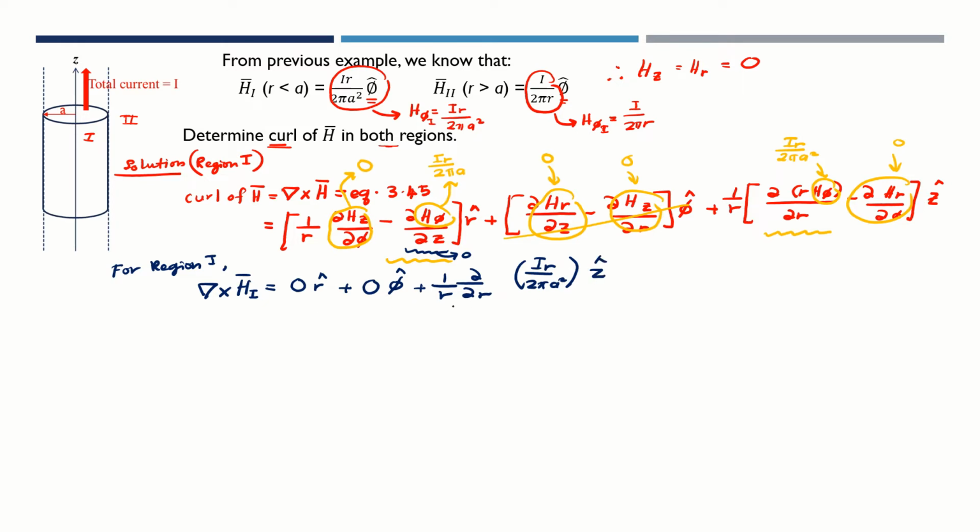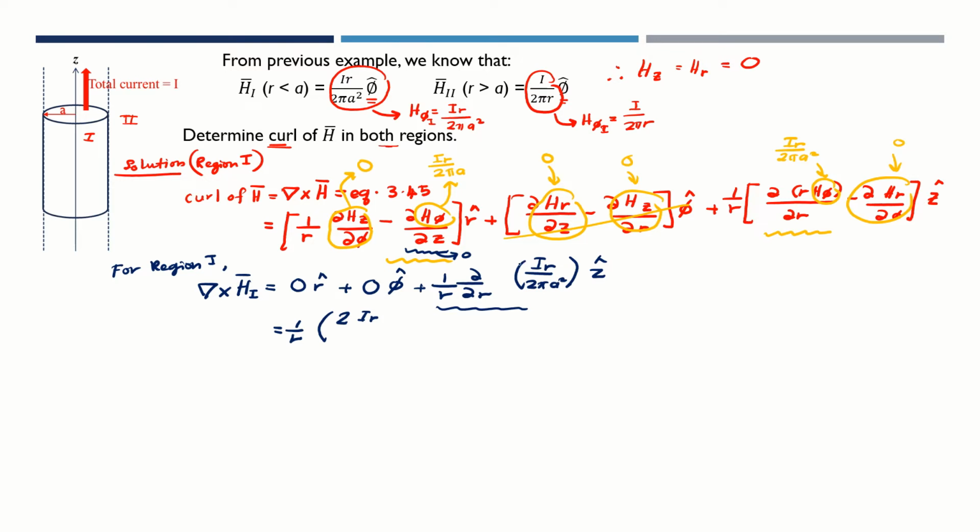Okay, so if we solve this mathematics, we will get 1 over r, and the differential of Ir, it will become 2Ir.